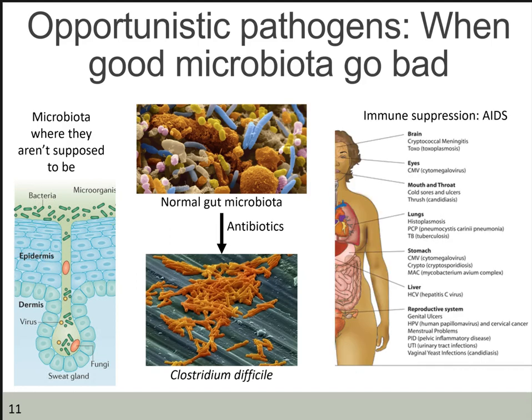And then microbiota can also cause disease in patients for which the immune system has been suppressed. So for example, in a patient who has the advanced stages of the acquired immunodeficiency syndrome, or AIDS, members of the normal microbiota can cause disease.